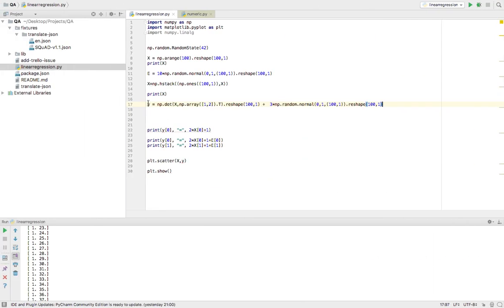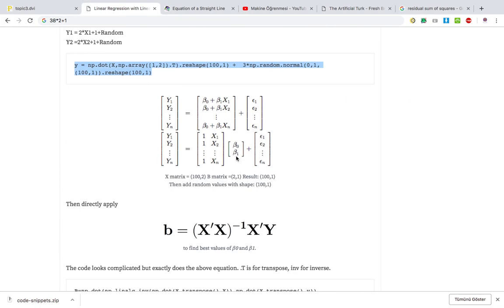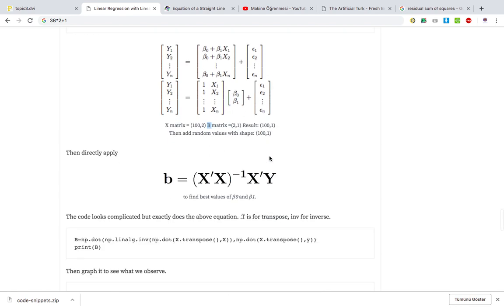This is our y values, because x is multiplied by 1 and 2, and it is transposed because 1 and 2 are in a matrix of shape 2 by 1. So we have a 10 by 2 matrix for x and a 2 by 1 matrix for beta, and the result is 10 by 1. So we need to add the randomness, 10 by 1.